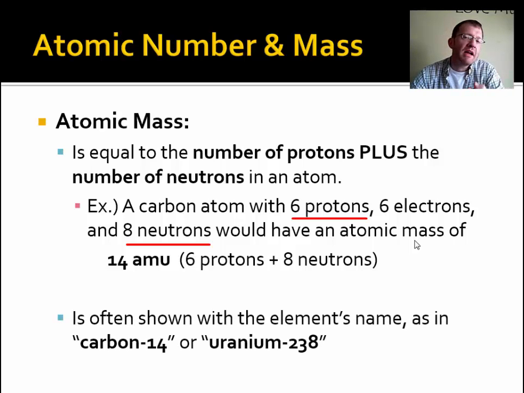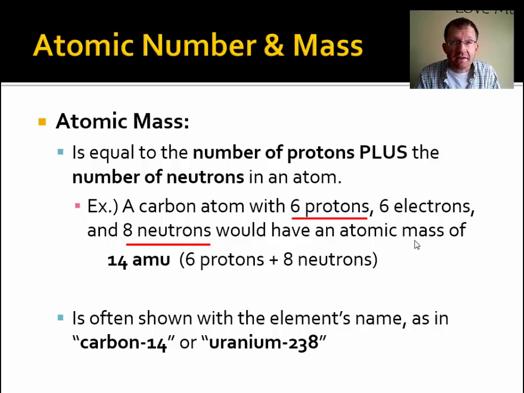Often you'll see an atom like carbon with a mass of 14 written just like that, carbon-14, or carbon-12. For example, here uranium-238, a big heavy mass. All different elements can have all kinds of different masses, anywhere from the lightest atom out there, which is a hydrogen atom, all the way up to the heaviest atoms at the bottom of our periodic table.